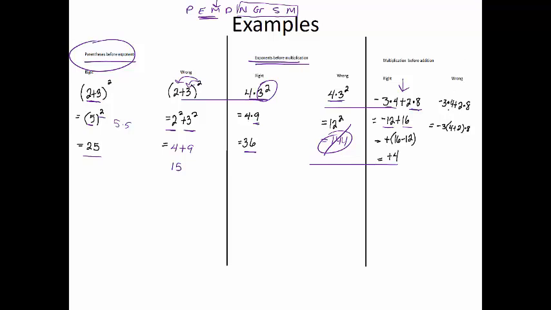The wrong way to do it would be to do our addition first. That would be like negative 3 times 6 times 8, and that would be negative 18 times 8, which would be negative 144, and that would not be correct.